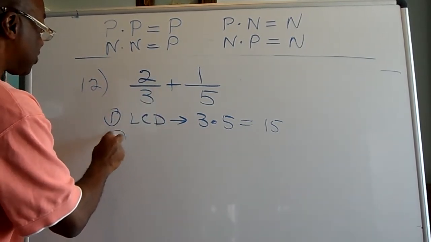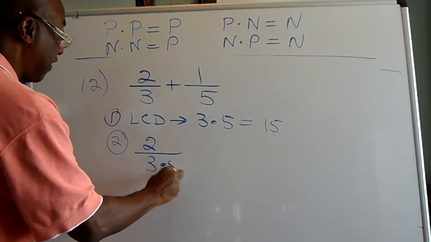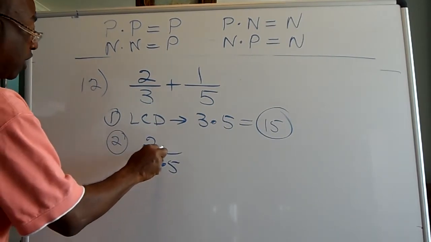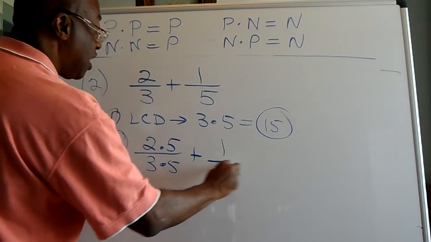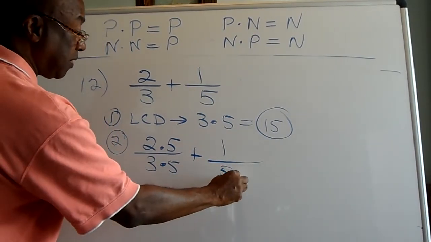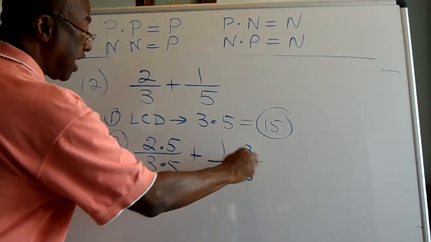Look. How's that going to look? 2/3 is going to be multiplied by 5. Why? Because I'm trying to get what? 15 in that denominator. Whatever I do to the bottom, I do to the top. Plus, remember I need a 15 here also. So multiply this by 3. Whatever you do to the bottom, you must do to the top.